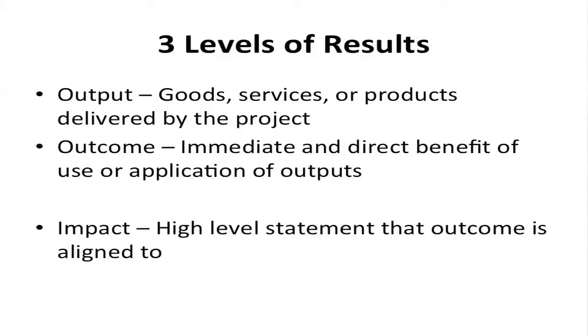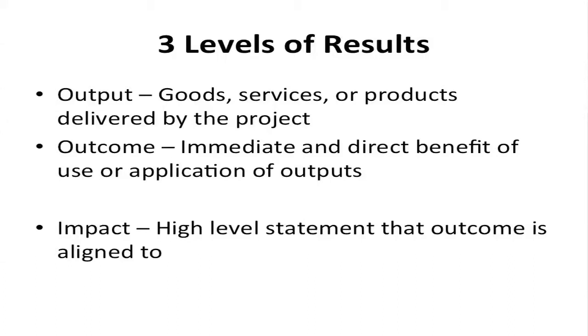So let me just go a little bit more into those 2 terms. So we have 3 levels of results that we use in ADB. Outputs, whatever goods, services, products delivered by your project. So when you're designing your projects, think about what this project delivers, produces, and to whom.